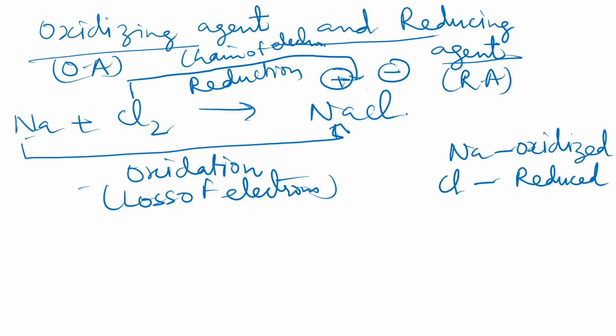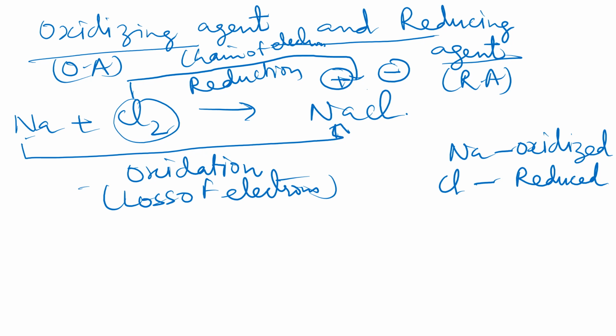Now, the new terms, oxidizing agent and reducing agent. The oxidizing agent is the reactant which is helping in oxidation of sodium. Which is helping in oxidation of sodium? Chlorine. How is it helping? Because the electrons lost by sodium are gained by chlorine. So chlorine is helping sodium to lose electrons by gaining those electrons.